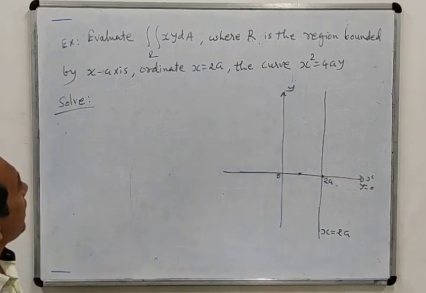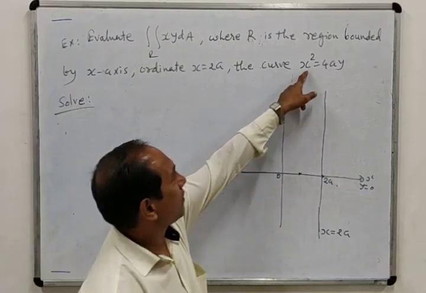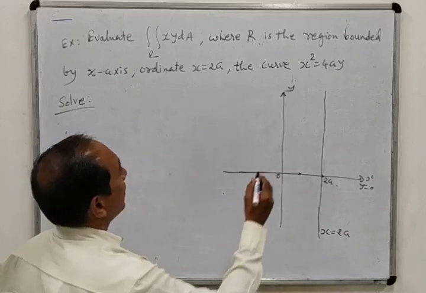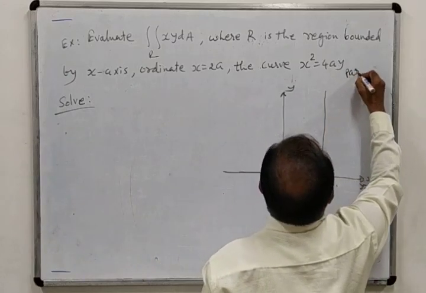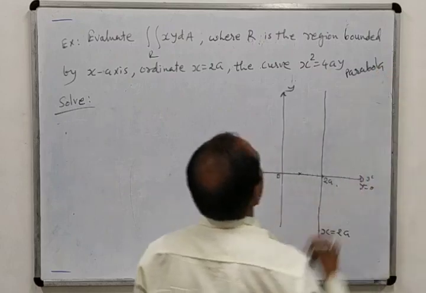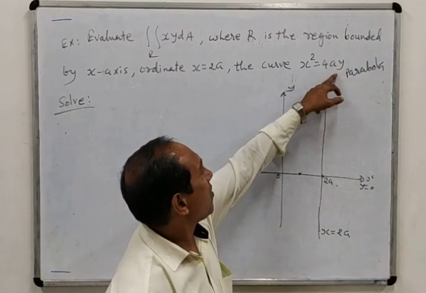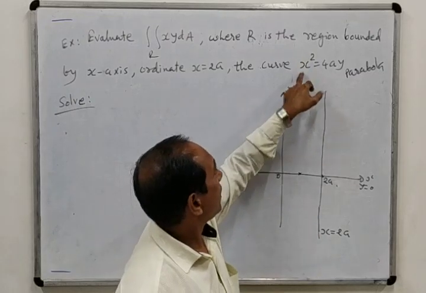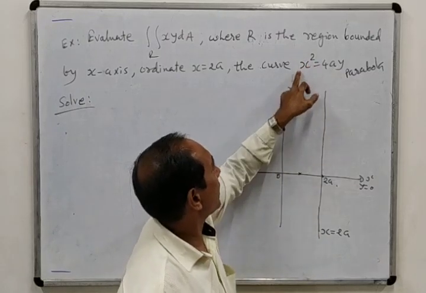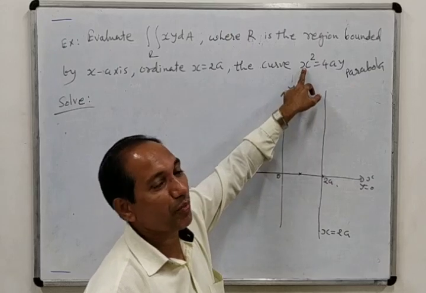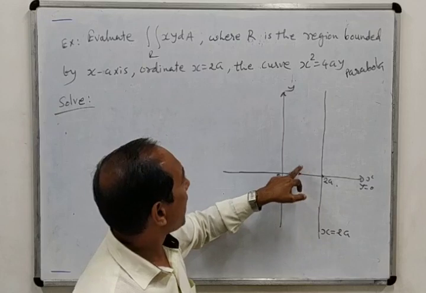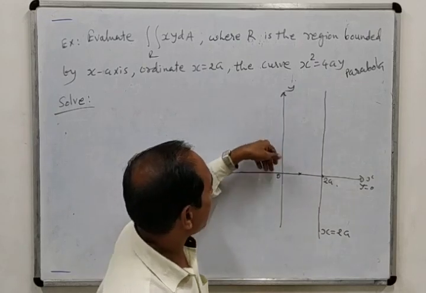Okay. Then the curve x square equal to 4ay. X square equal to 4ay is nothing but the equation of a parabola. Okay. Parabola, and it is given in the form y equal to x square, that means y is written in terms of x square, so x can be considered negative or positive, but y is always positive.